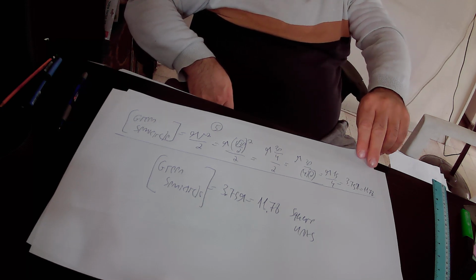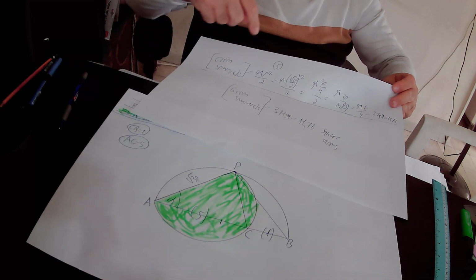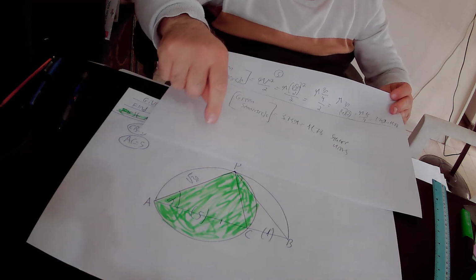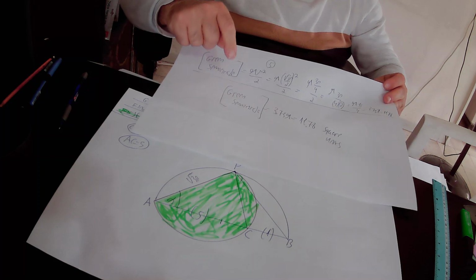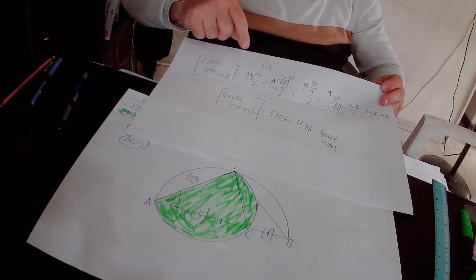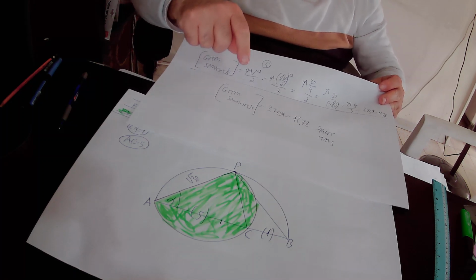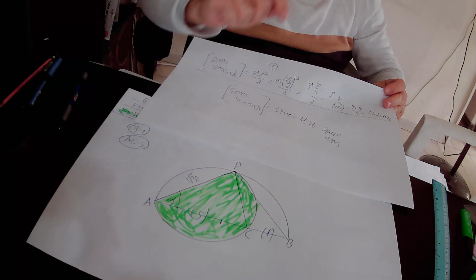So in conclusion, the area of this green semicircle equals either 3.75 pi square units, or in numbers, 11.78 square units.